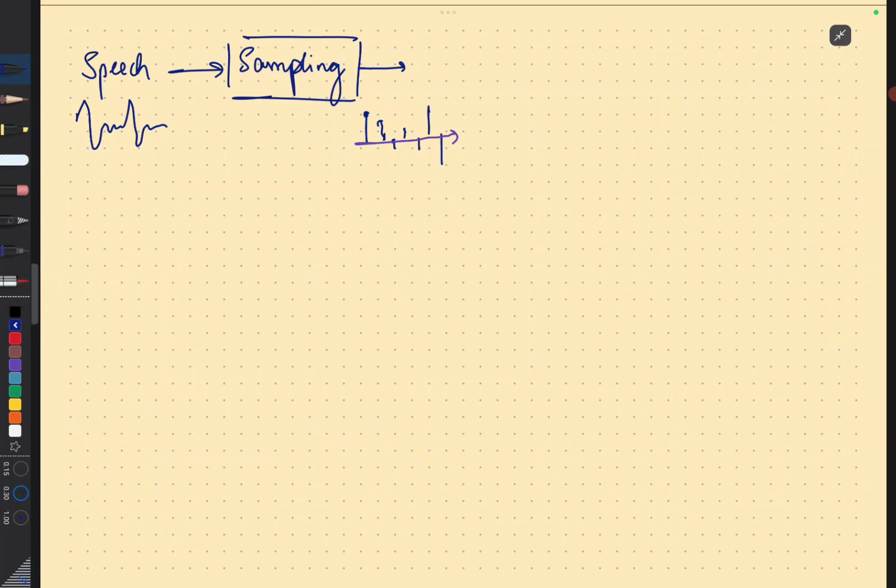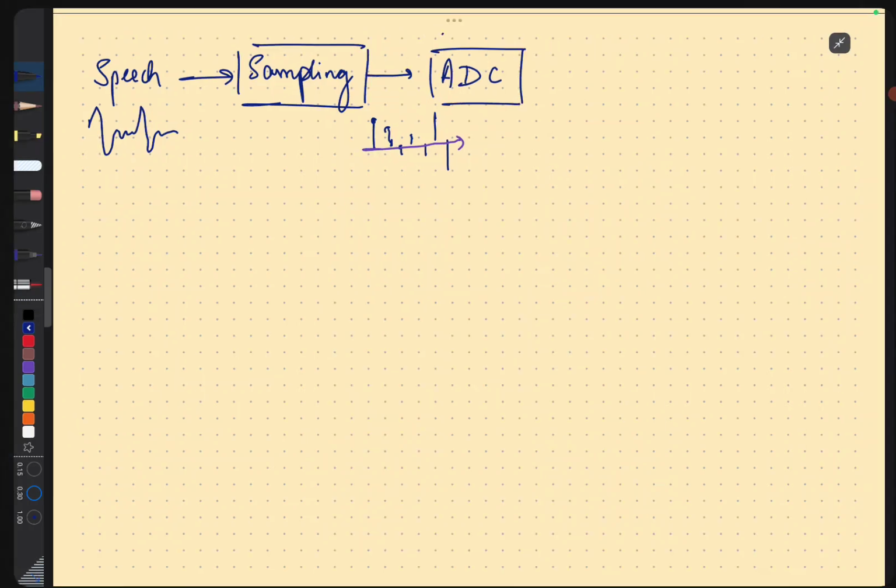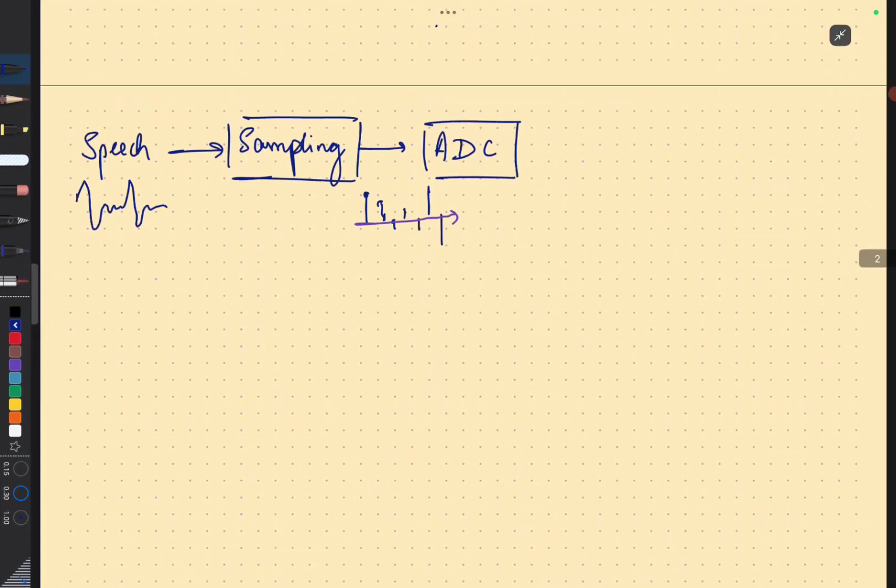You can model this sampled signal as a vector or a sequence of real numbers, and this is now converted, typically into a finite number of levels, or more generally it's converted to a sequence of bits. So this is analog to digital conversion or quantization.